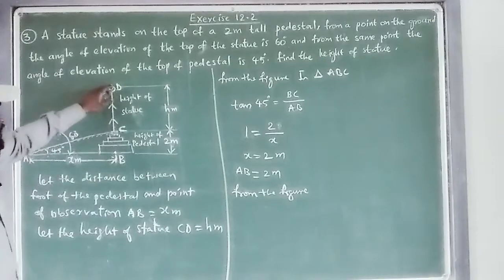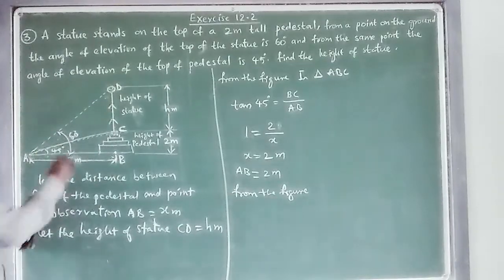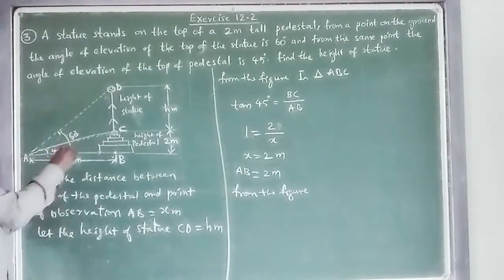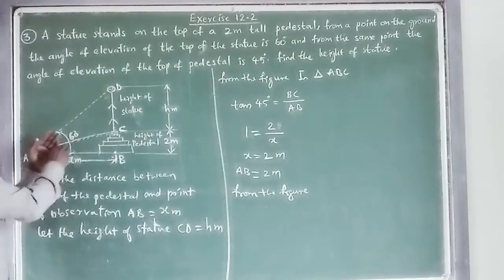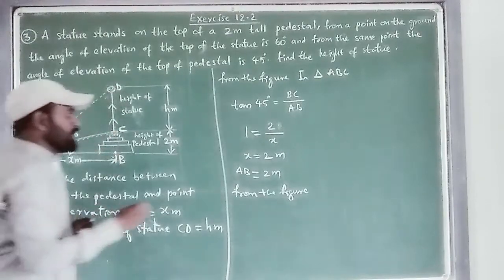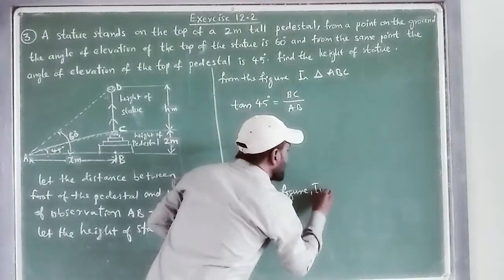BC plus CD will come with respect to 60 degrees. Here 60 degrees is not this much, this complete angle is 60 degrees. With respect to 60, what is the opposite side? This total BD.